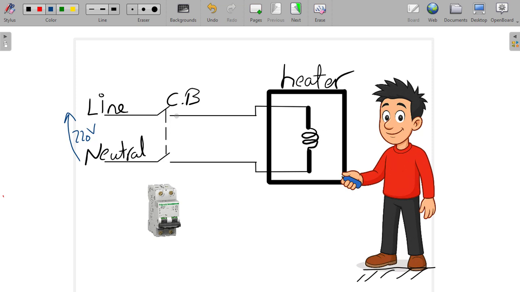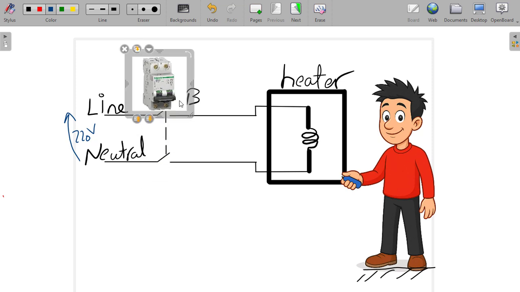We are converting electrical energy to heating energy. And this is the outer body of the heater, which is well isolated. And this guy is touching this body of the heater. There is no problem because this body is well isolated, so there is no voltage here.